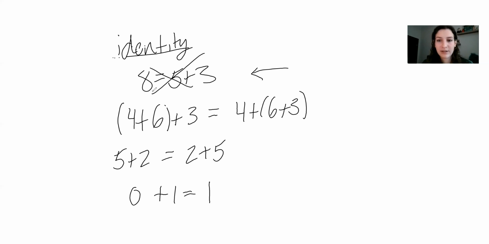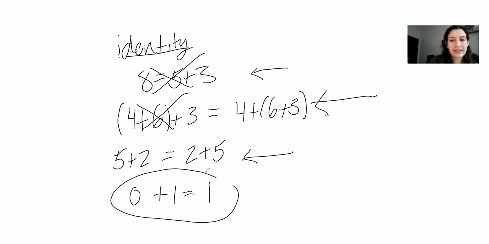Same for the next equation right here. We're not adding zeros anywhere, so that's not proving the identity property. And same for this one. We're not adding any zeros. So that leaves us with this last one of 0 plus 1 equals 1.